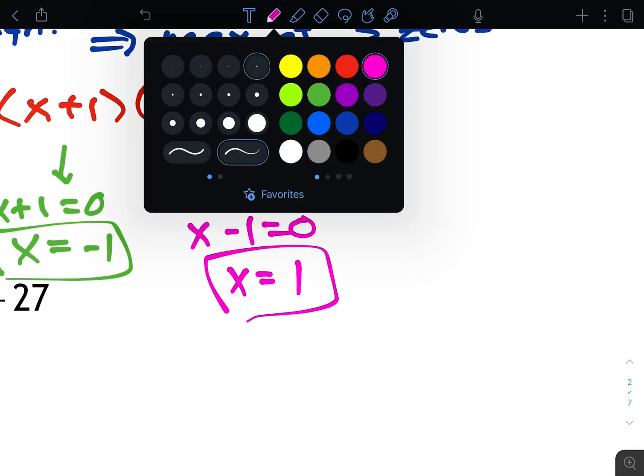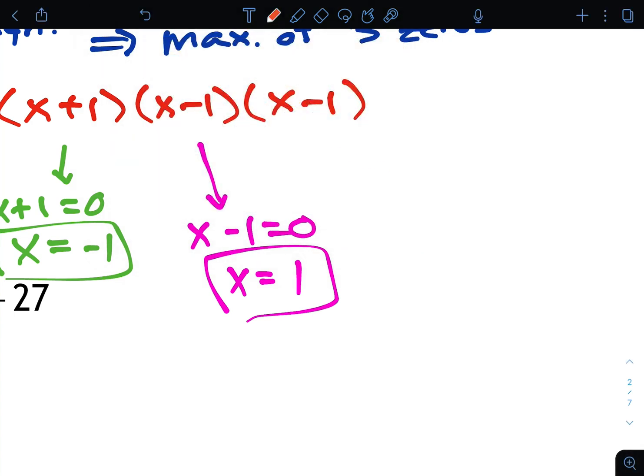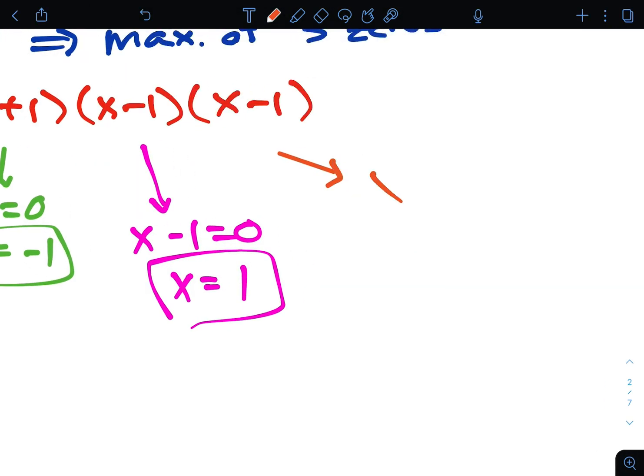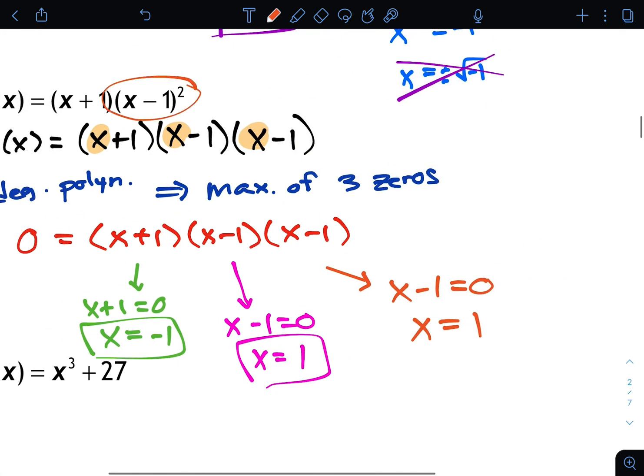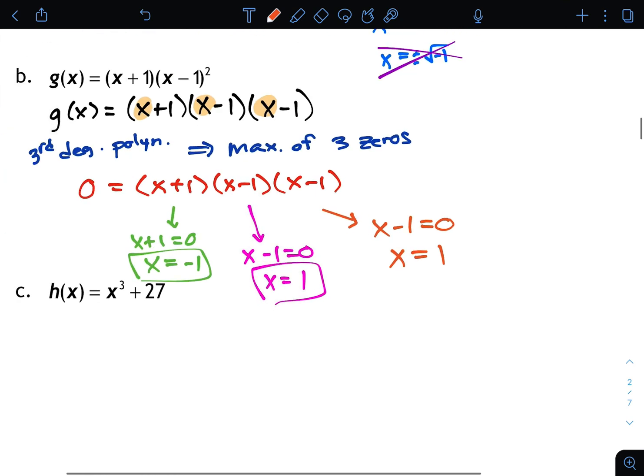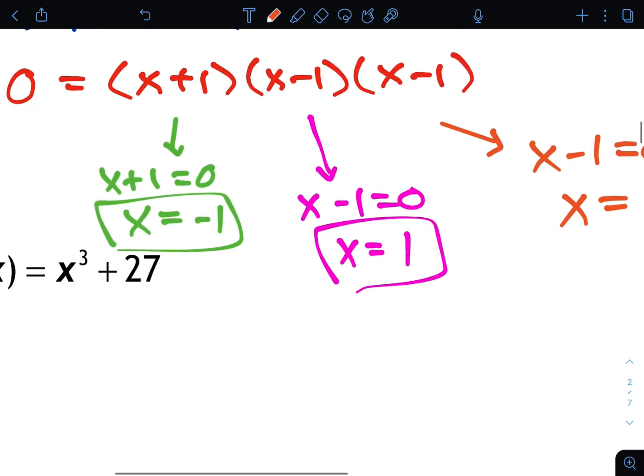And then for my last group, if x minus 1 equals 0, then the whole thing equals 0. Add 1 to both sides, I get x equals 1. But that's a repeat, right? Which we might have already recognized by the fact that it was squared. So I only have 2 unique zeros, and they are x equals -1 and x equals 1.